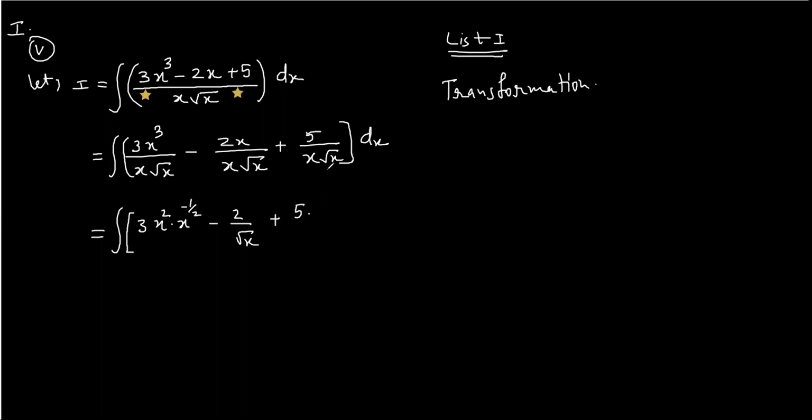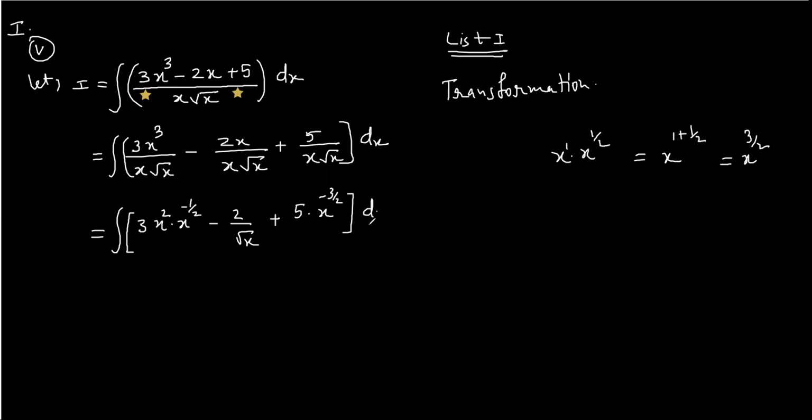X root x is x into x raised to half, that is x raised to 1 plus half, that is x raised to 3 by 2. So it will be 5 into x raised to negative 3 by 2 is what I get.